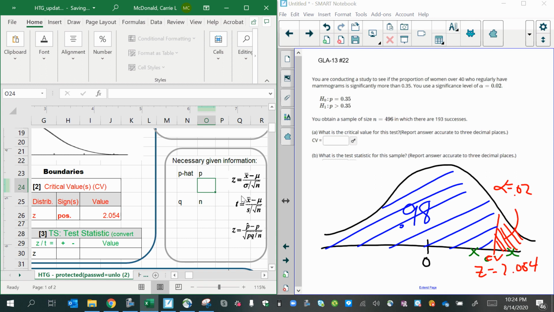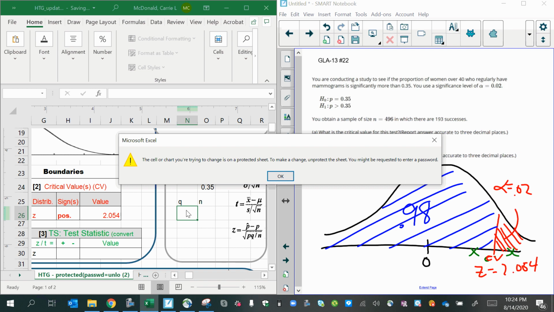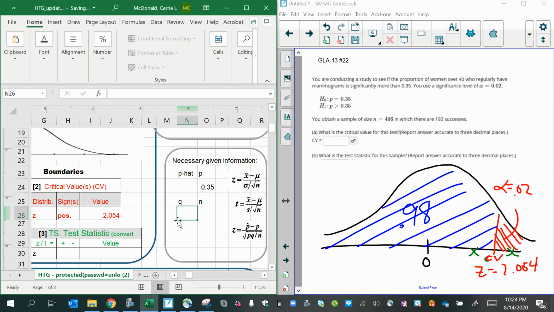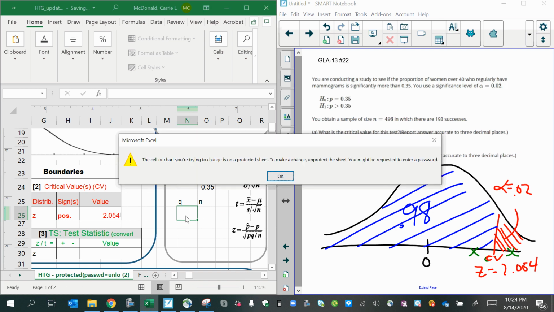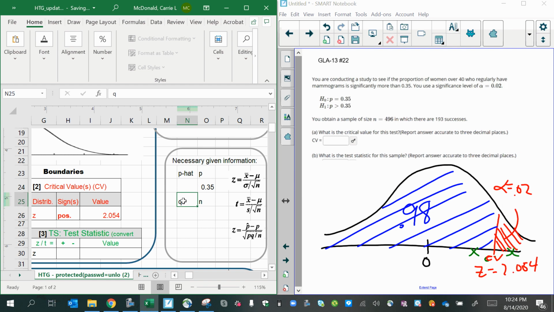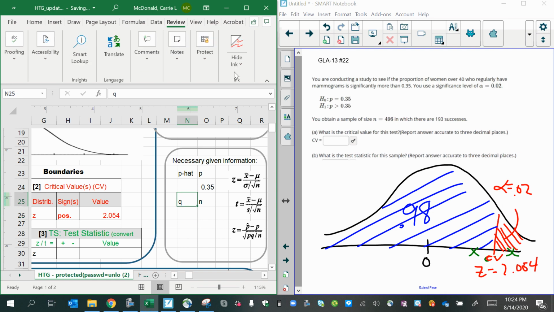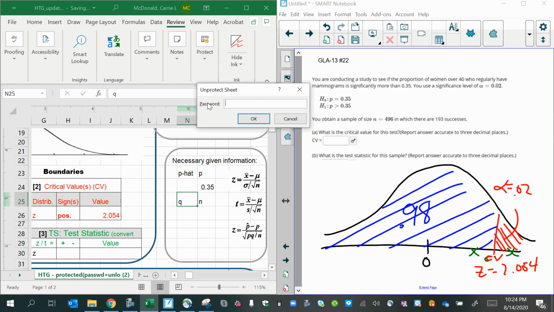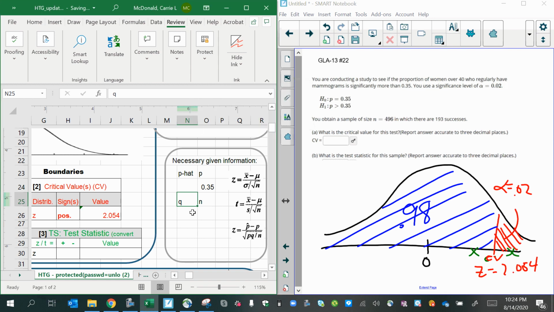So we'll put 0.35 here for our population proportion, and Q is 1 minus P. Okay, that cell happens to be protected. I'm going to unprotect this just to make it easier on myself. Use the password unlock. Equals 1 minus this. Okay, so now I have my P and my Q.